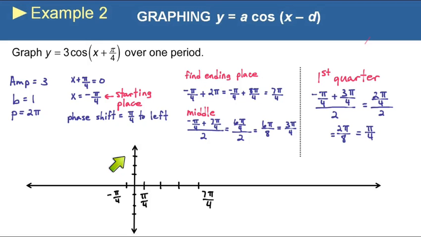So I'm going to have a dot right here, high, and then this one is going to be in the middle, and then this next one is going to be low right here, and then we'll have another one in the middle, and then another one high for the end. So if we connect those dots, there's our cosine graph. And you can see it starts just a little bit to the left of the y-axis.